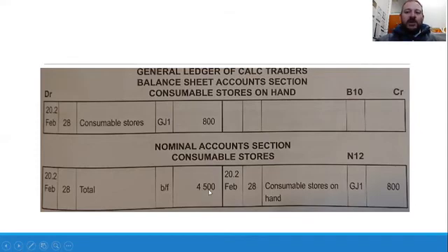We now know from the adjustment that we need to reduce consumable stores by 800 Rand. You can see we've credited the account here, and then we must have an equal debit. We've created that consumable stores on hand account, which is an asset, and that's where the debit entry would be for that 800 Rand.